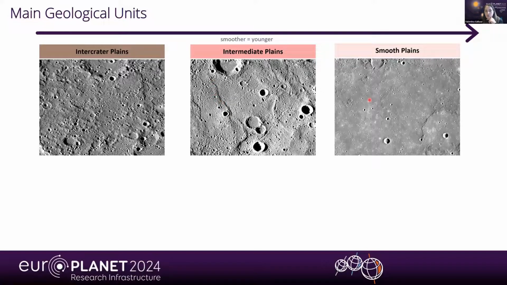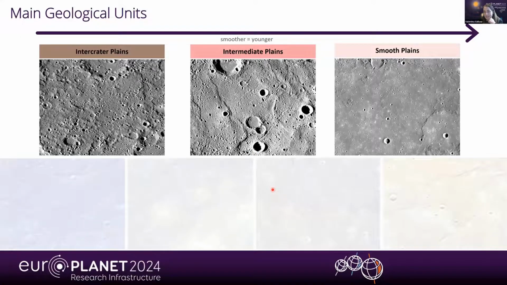So they are not as tranquil as a smooth plain is. And you also find larger craters overlapping intermediate plains, and there is no such intensity of large craters on smooth plains. So morphologically, they are more similar to smooth plains, but from an aging point of view, they are more similar to intercrater plains. This is a very difficult terrain to detect on Mercury, but there are some.